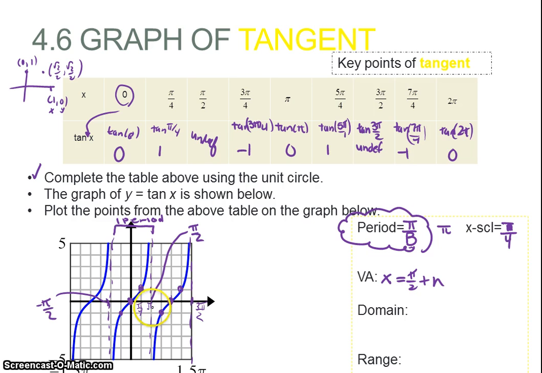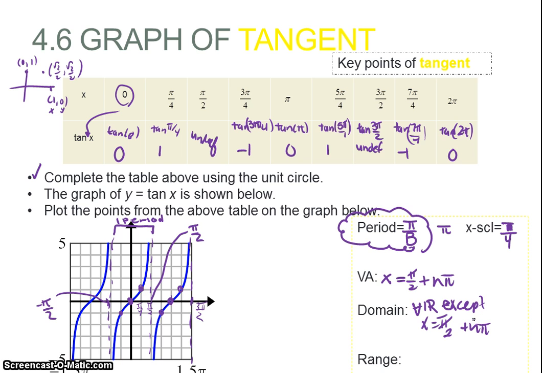So if the first non-negative asymptote is at pi over 2 and the next asymptote is 3 pi over 2, it's 1 period away, or in other words, it's pi away in this example. So that's the equation of that. The domain is also all real numbers except your vertical asymptotes. So except x equals pi over 2 plus n pi.